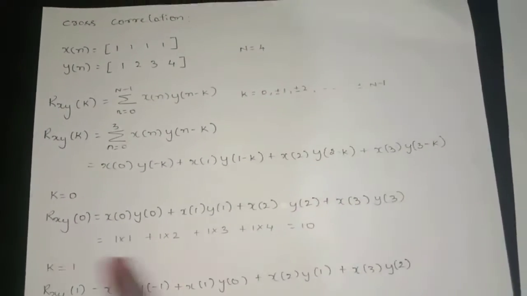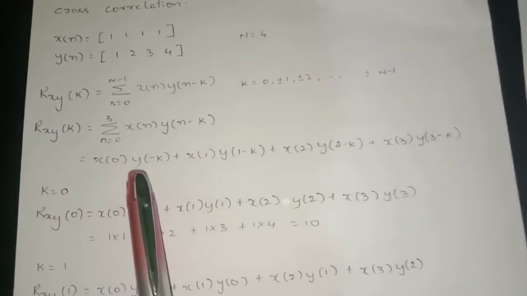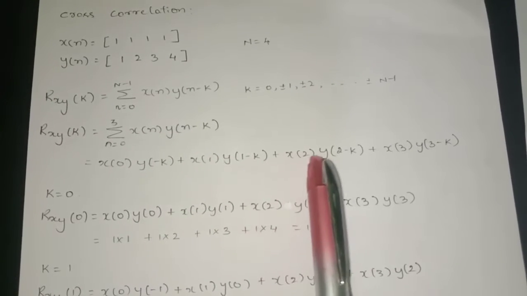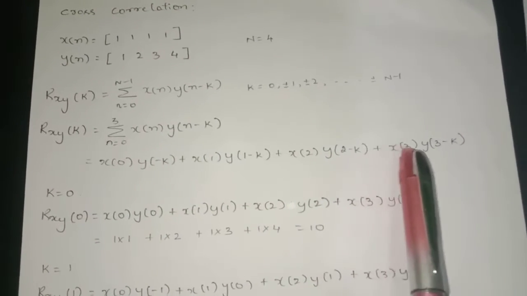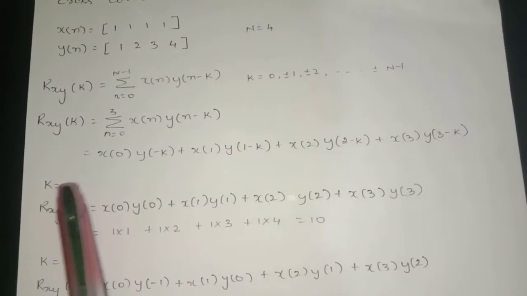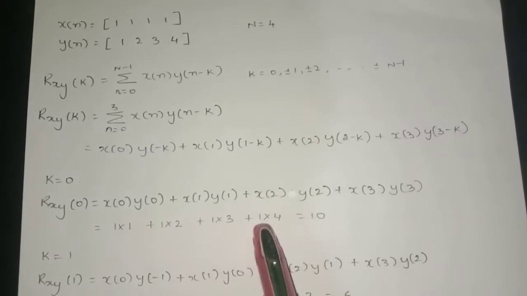Note this point. So upon substituting values for n, we will get x of 0, y of minus k, plus x of 1, y of 1 minus k, plus x of 2, y of 2 minus k, plus x of 3, y of 3 minus k. So upon substituting k equals 0, Rxy of 0, we will get it as 10.